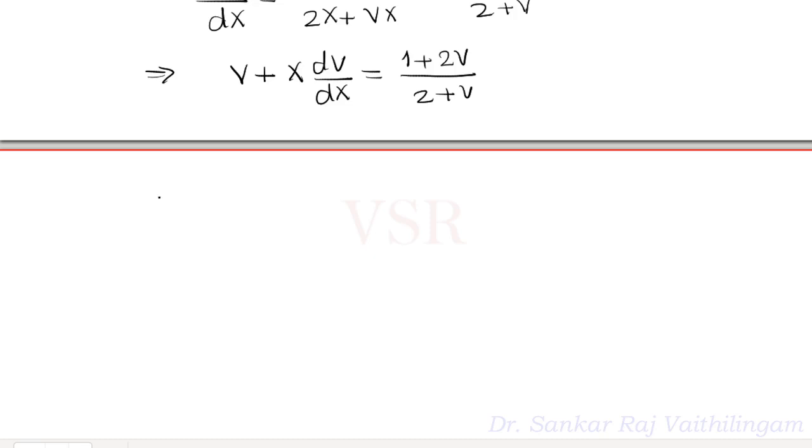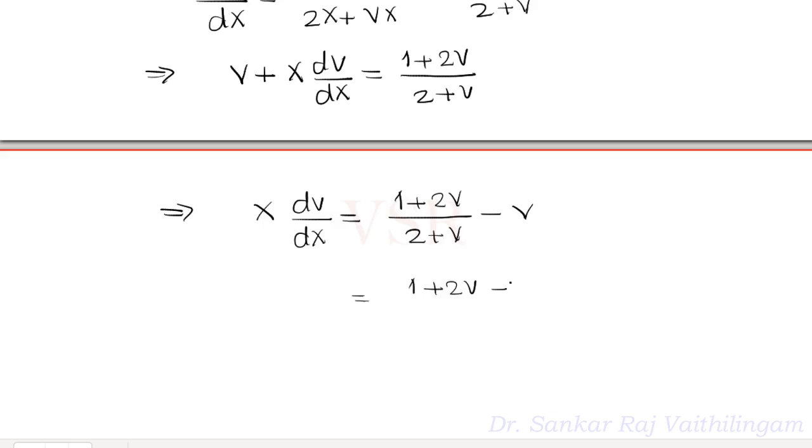So this implies that x into dv by dx equals 1 plus 2v divided by 2 plus v minus capital V. This equals 1 plus 2v minus v into 2 plus v, divided by 2 plus v.